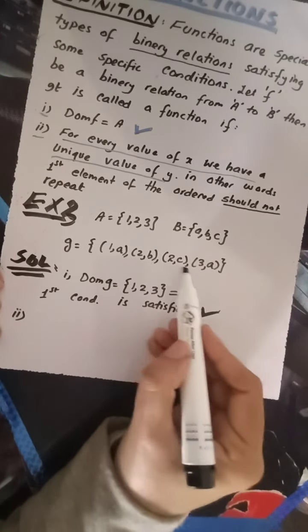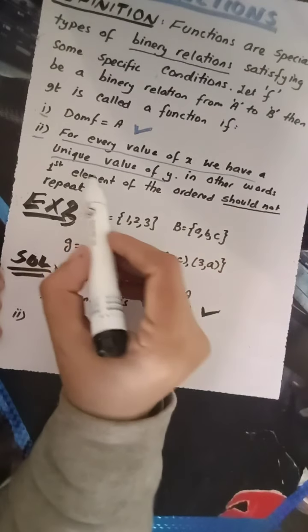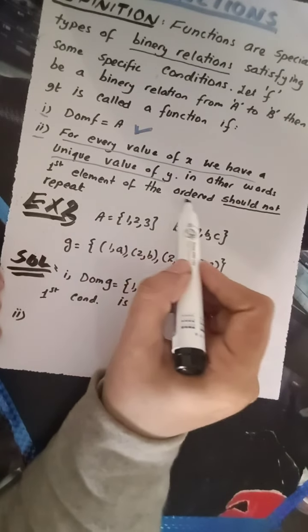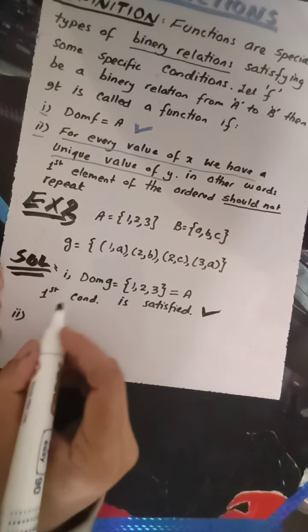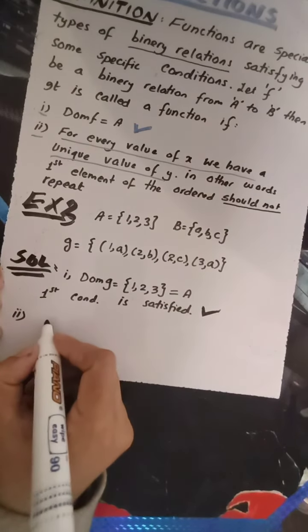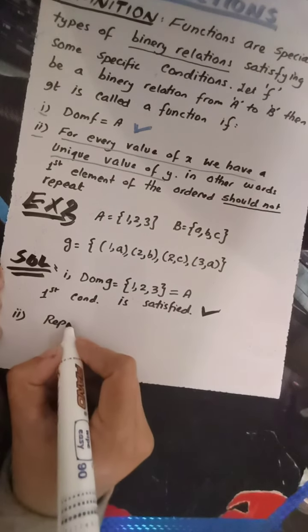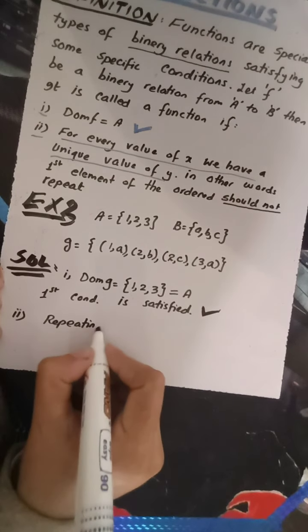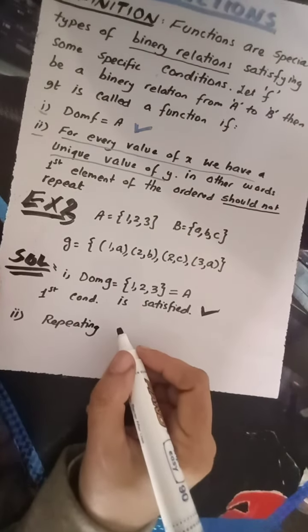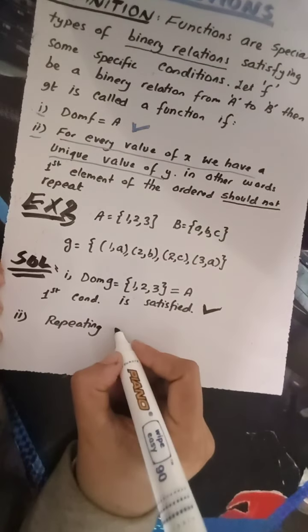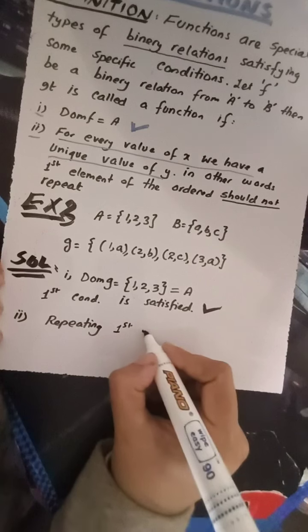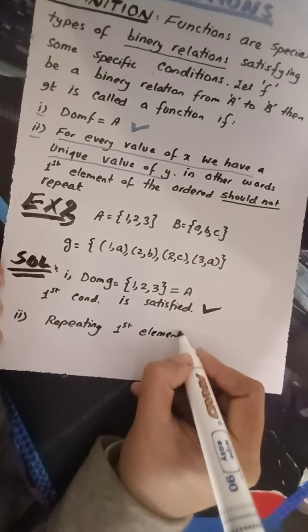In the second condition we had said the first element of the ordered pair should not repeat. So here the first element is repeating, which is opposite to the second condition that we want to be satisfied.